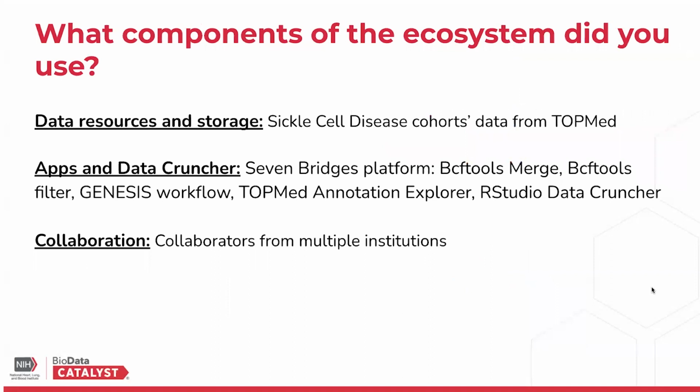And so the components of the ecosystem I used: for the data, it is from TopMed, the whole genomic sequencing, and from sickle cell disease, the cohort data there. The apps I use on the Seven Bridges platform are BCFtools to merge all the VCF files, and I use a filter, and then I run Genesis for the Manhattan plot and QQ plot.